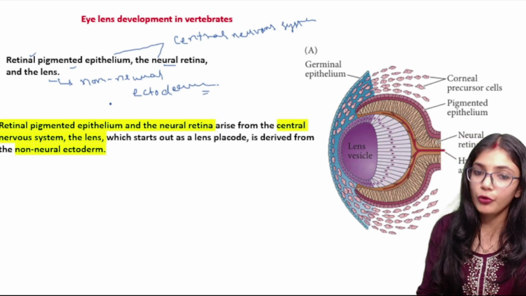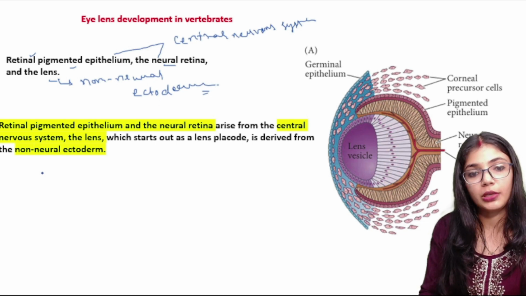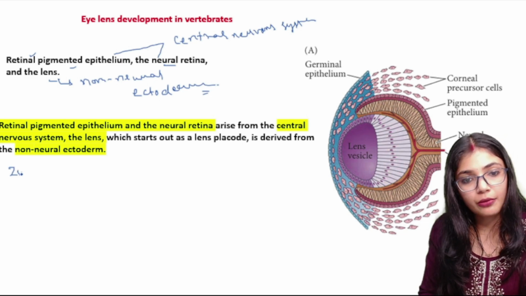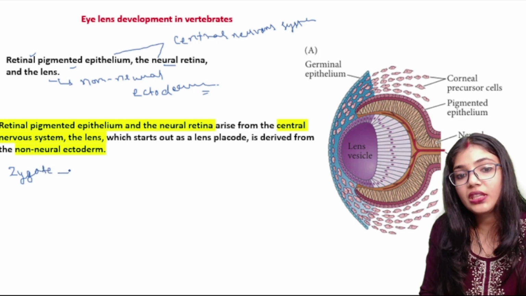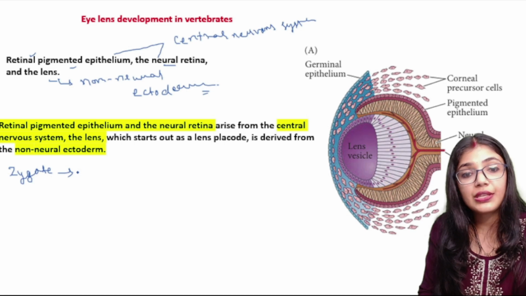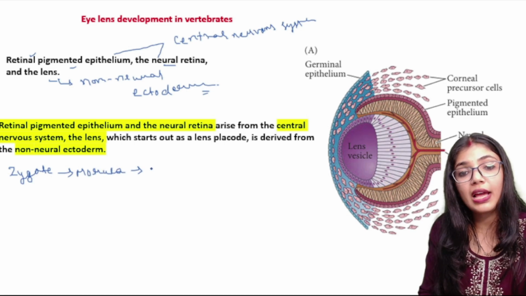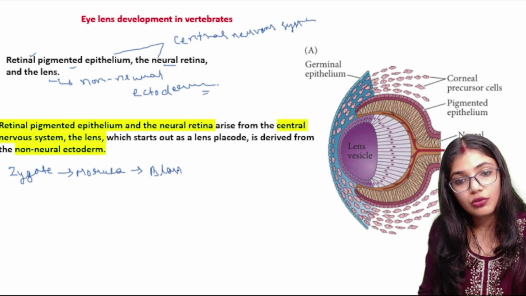Before going into details, we will understand where this ectoderm is formed. After fertilization, there is formation of the zygote. After division of the zygote, it is converted into a morula. After certain divisions, the morula is converted into a blastula.